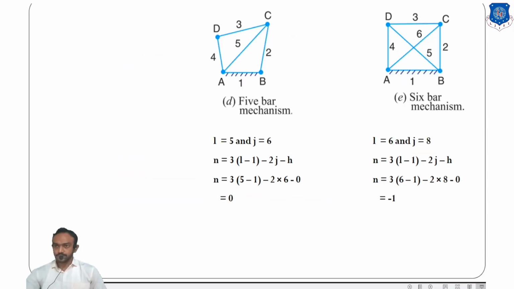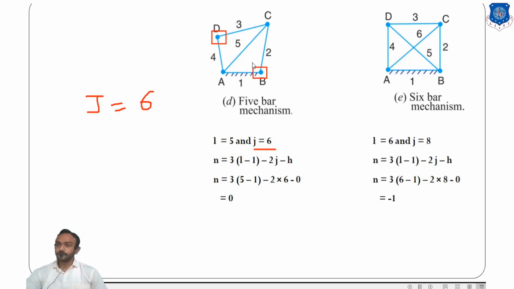So you can see here 5 links and 6 joints. How is j equal to 6? First of all, you also know binary joint, ternary joint and quaternary joint. This is a binary joint. This is a binary joint. 2 links are connected, so count as 2.